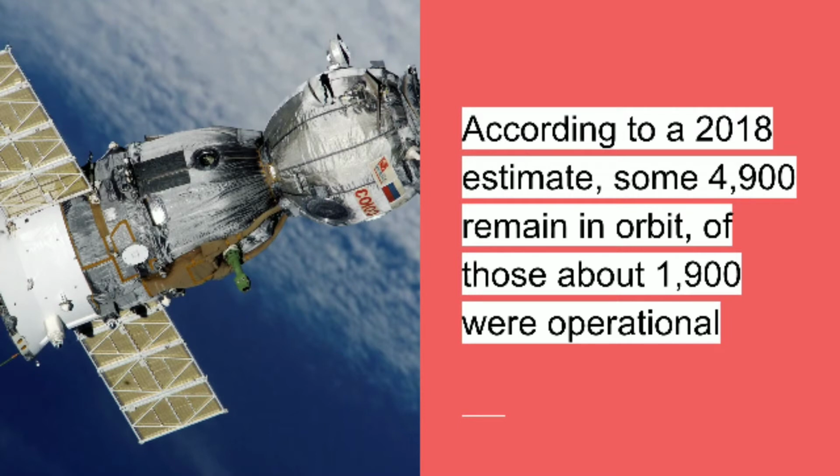The most important thing here now is, according to an estimate in 2018, there are around 4,900 satellites in orbit, out of which only 1,900 are operational approximately. So the remaining, around 3,000 satellites, are not operational and are still in space. It means they are space debris or space waste.